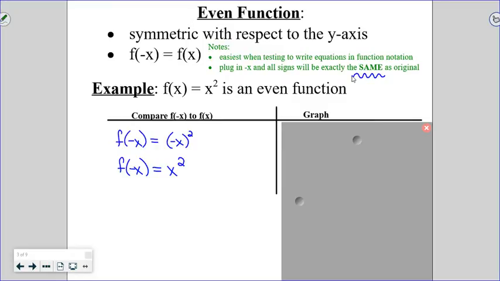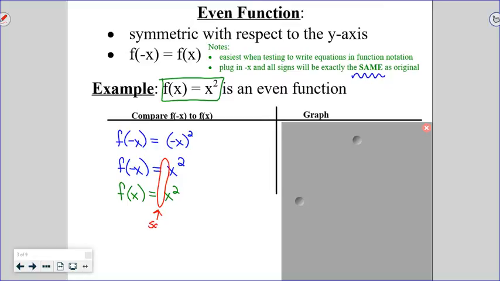Compare it to the original. My original was x squared. When I plugged in negative x and cleaned it up, I got x squared again. What we're supposed to do when I say compare is compare the signs on your terms. We've got a positive and a positive.